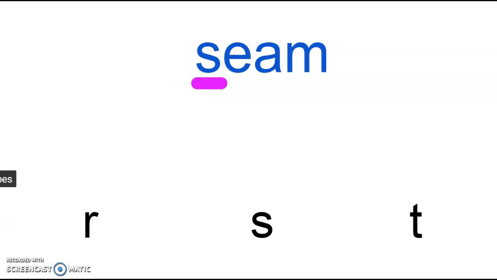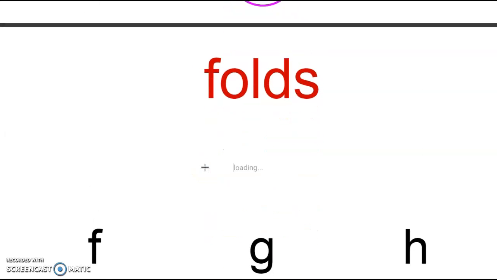Go ahead and say that letter out loud or point to it. If you picked S, you are correct. S makes the S sound, and it is the first letter that we see and hear at the beginning of the word seam. Great job.